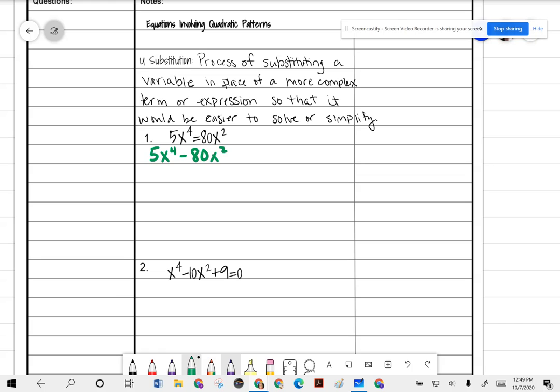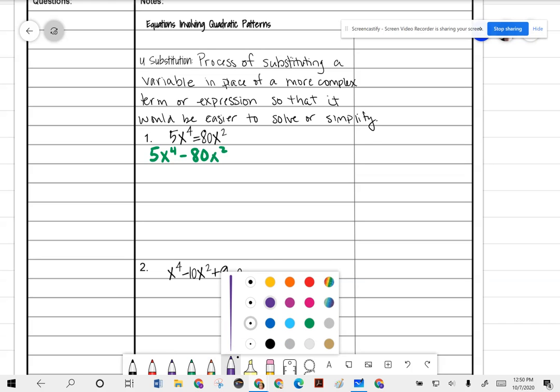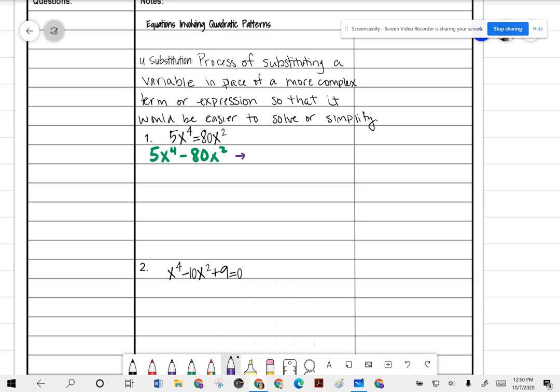So the idea on this one is to factor, so we can look to see what they have in common. So they both have a 5x squared in common, which leaves me with an x squared minus 16, and it equals 0, right? So when I brought that 80x squared over, it now equals 0.